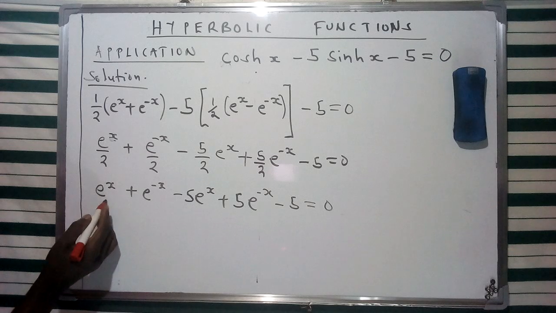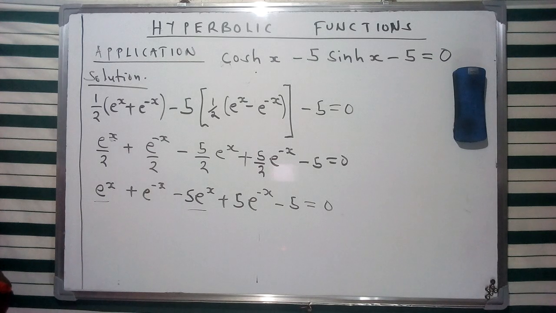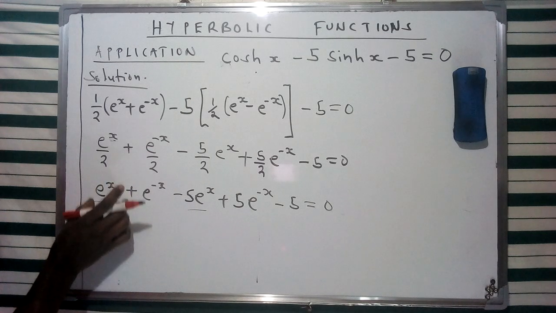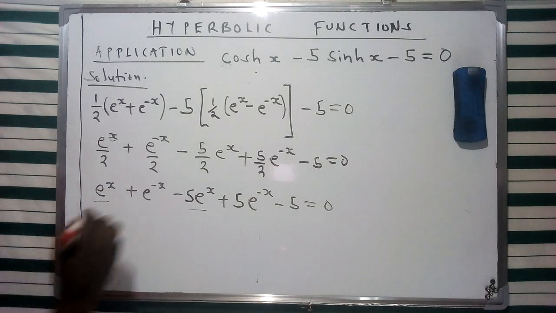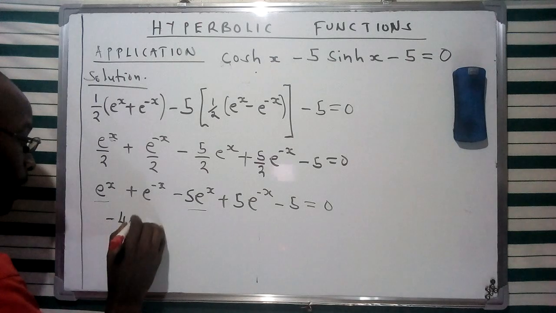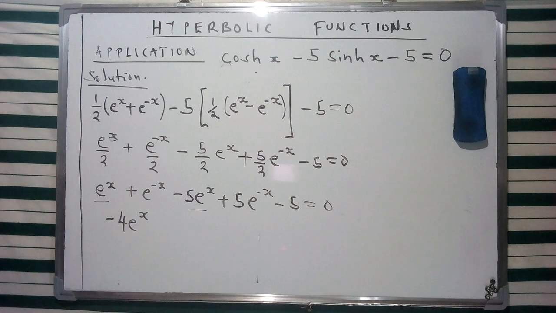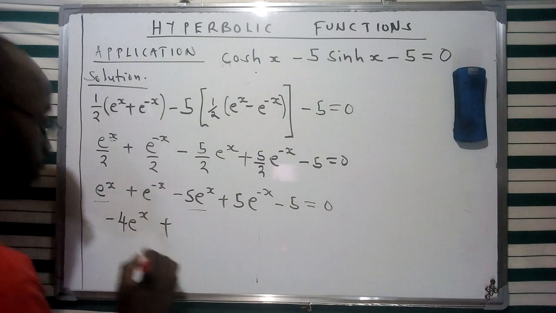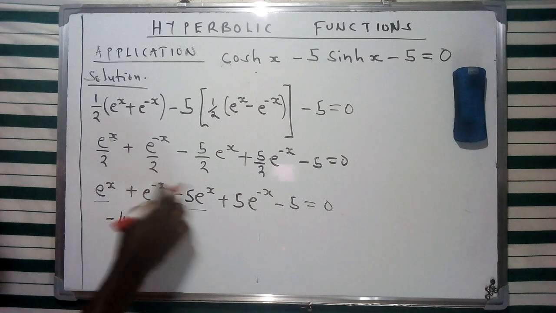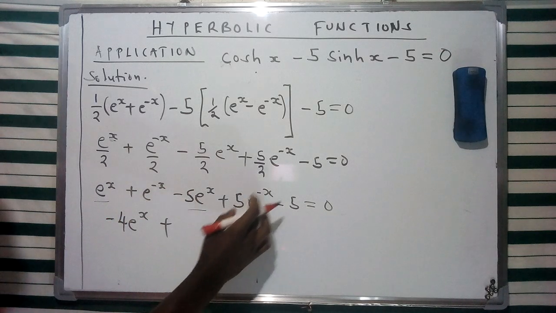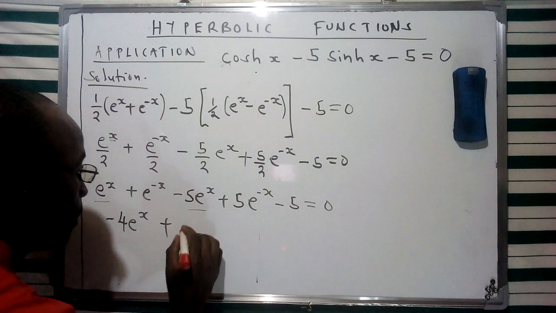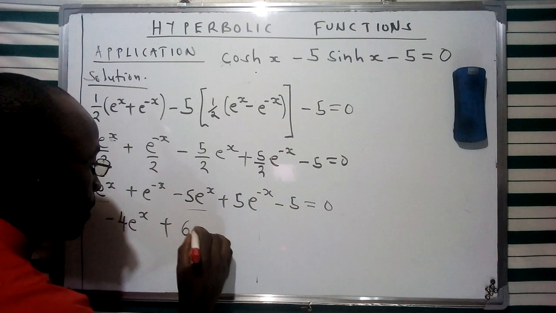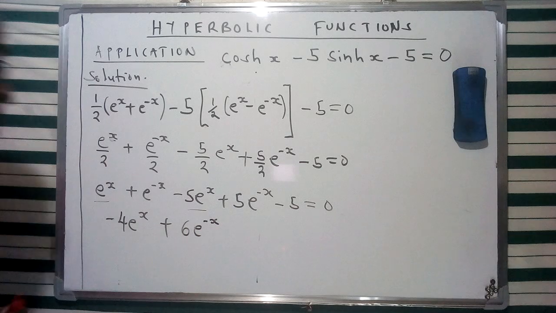For instance, if I look at this and this, these are like terms since they have the same term e^x. So this gives us negative 4e^x as our first term, and then we have plus e^(-x) and e^(-x). This one and this one are the like terms, giving a coefficient of 6e^(-x).